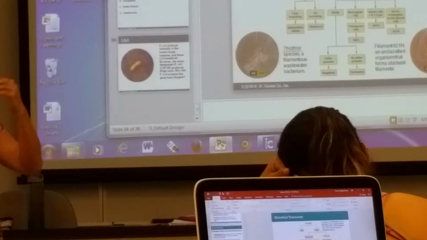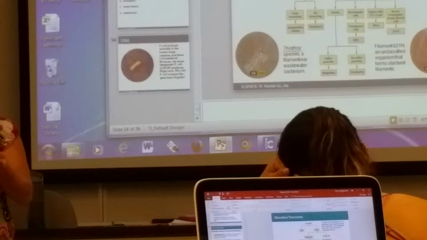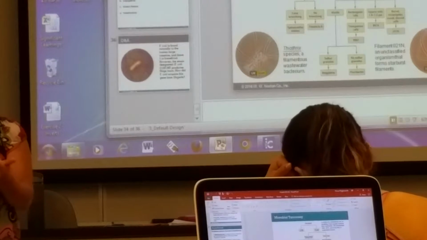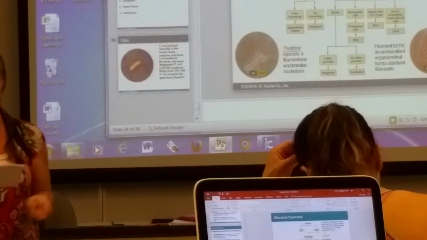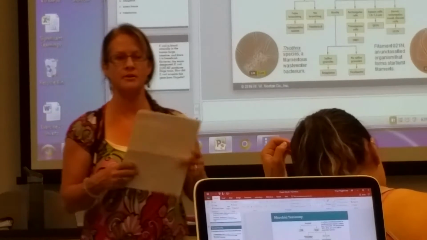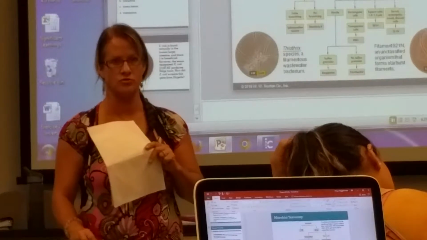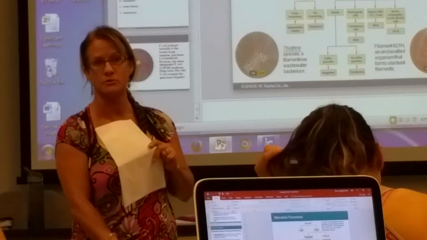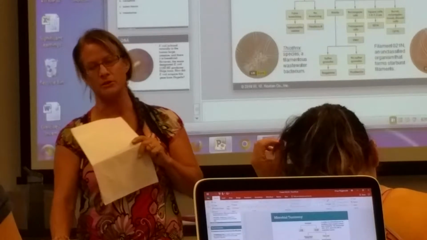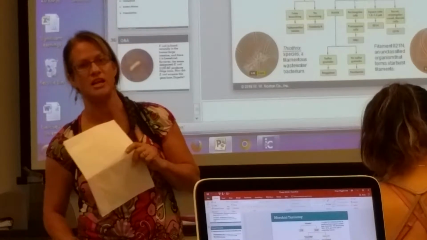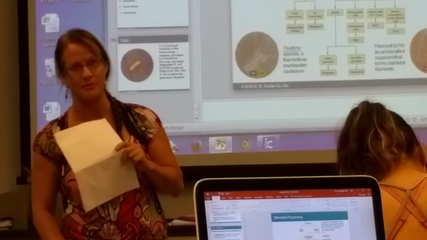So just knowing that you've got the main shapes, 3 main ones that we really looked at: the icosahedral, the helical, and then the complex. And then knowing that with the icosahedral or the helical, they could be enveloped or non-enveloped. When they're enveloped, it kind of masks their shape. It doesn't mean they don't have a shape, right?